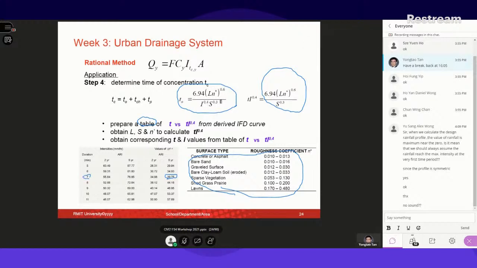So this is the method to get the overland time of concentration. You cannot get this directly from the formula, but you can use these steps to prepare the table, get the value, and find T from the table. Any questions?